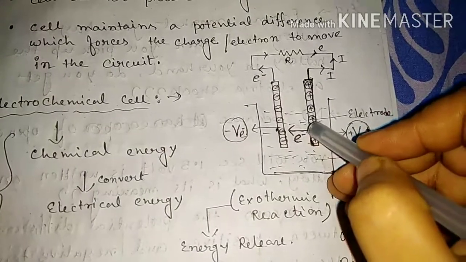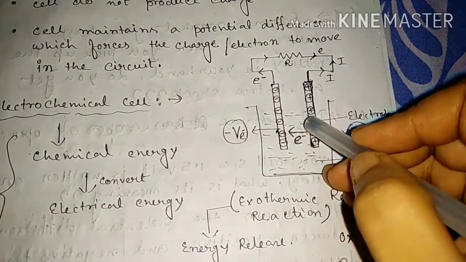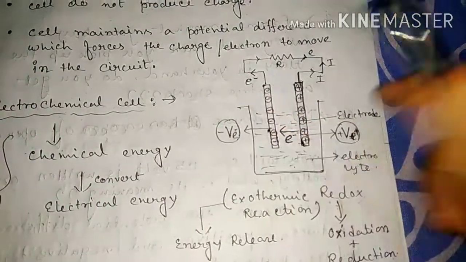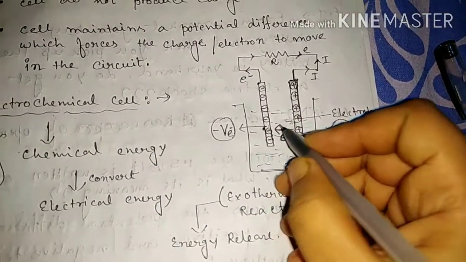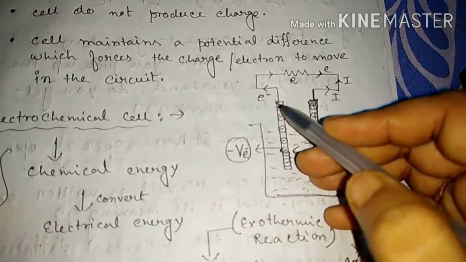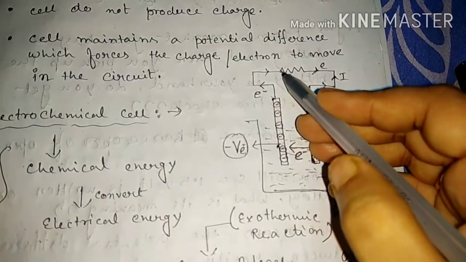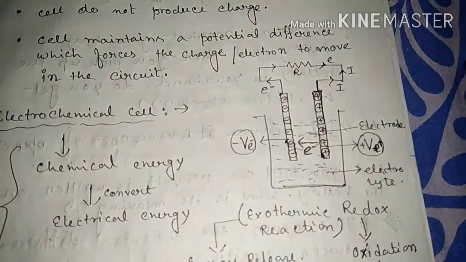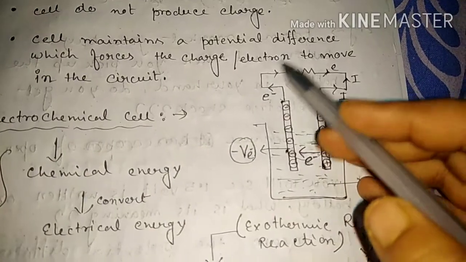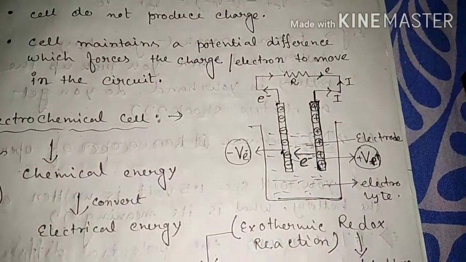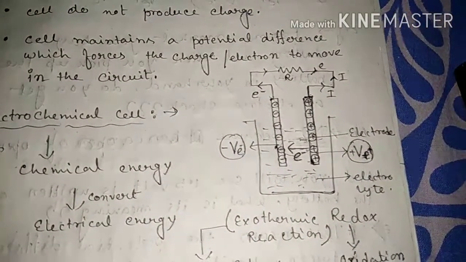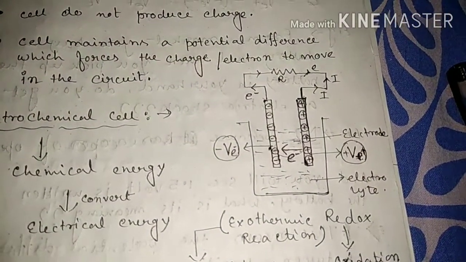On this journey, from the negative to the positive terminal, the electrons cross the resistance, and we know that a voltage drops across a resistance, so the electrons lose all their energy. When they enter the positive electrode, they have completely zero energy; they have lost all their energy.